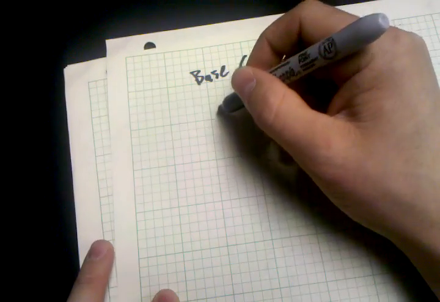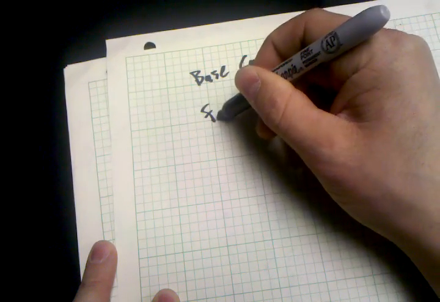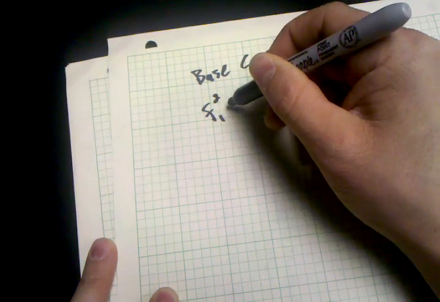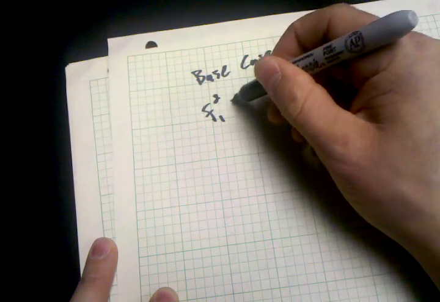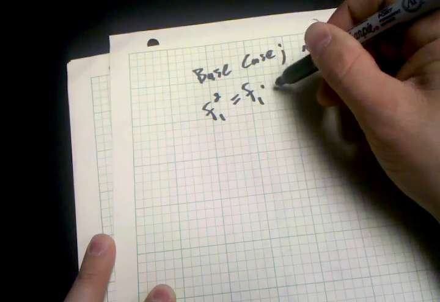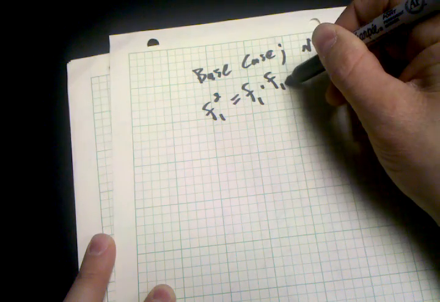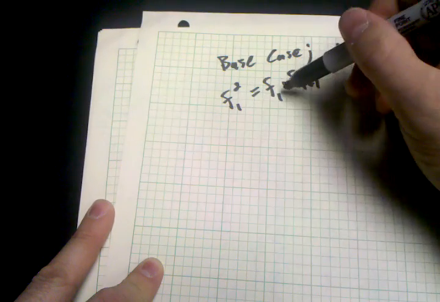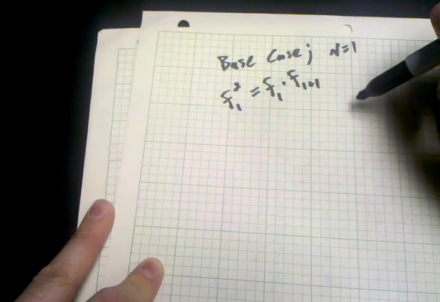On the left side, we say f sub 1 squared, and we stop at n equals 1, equal to f sub n, which is f sub 1, times f sub n plus 1, so that one times the next one.